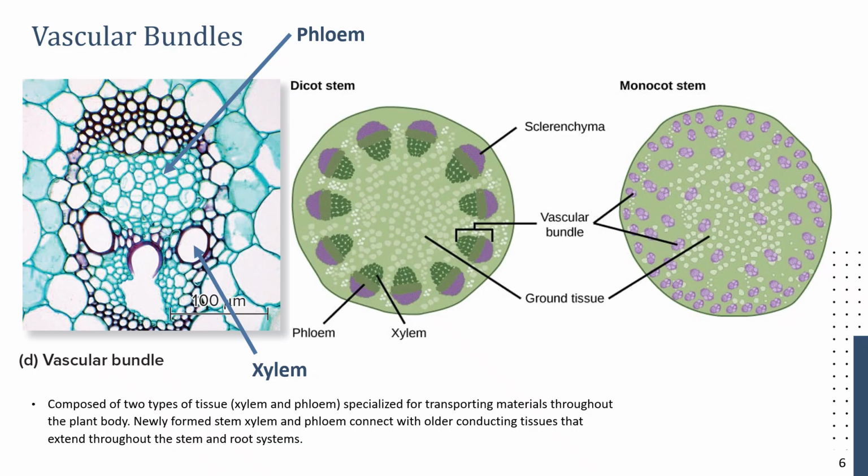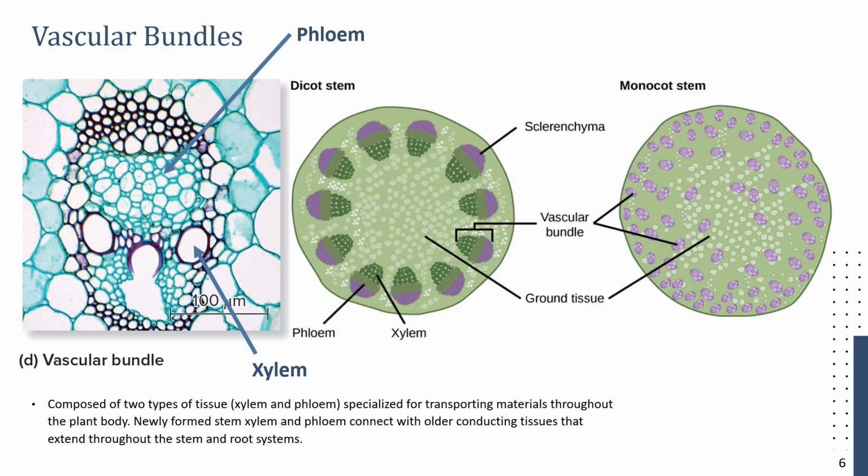We are going to look at vascular bundles in our lab. This slide is more geared toward the lab, but I would like you to take some notes, just because you're going to need to identify these vascular bundles in our plants in lab.